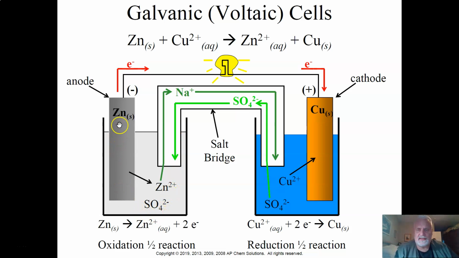Okay, that's a circuit that has been created. Those plus ions can drive up and come this way, replacing the positive ions that are being turned into copper over here.